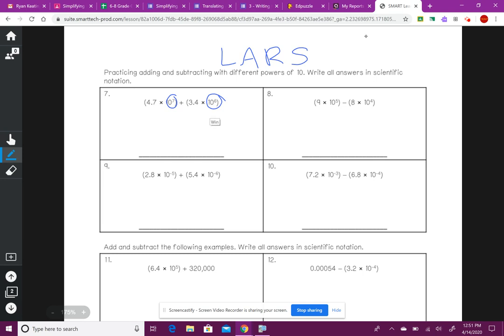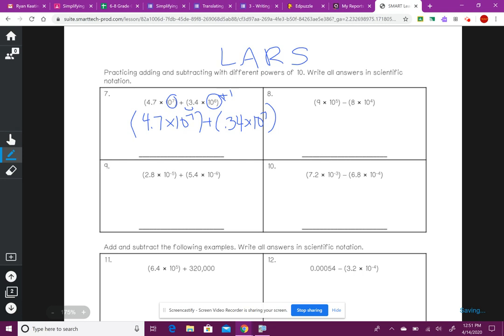So if I want to add 1 to the 6, it means that I have to go left, because left and add go together. So I move my decimal 1 spot to the left. Now my problem is 4.7 times 10 to the 7th plus 0.34 times 10 to the 7th, because I moved my decimal to the left.